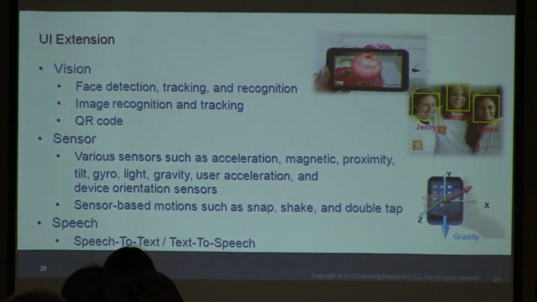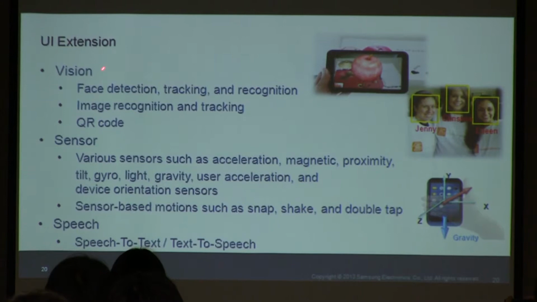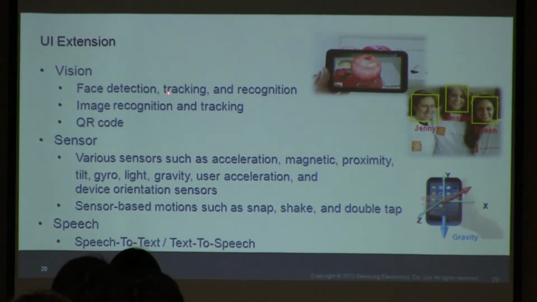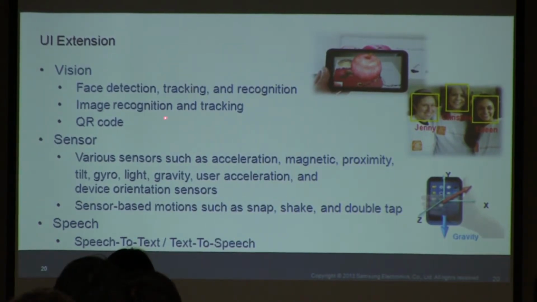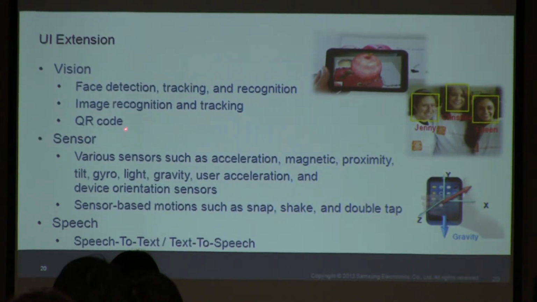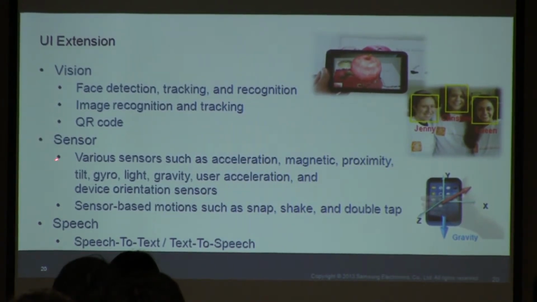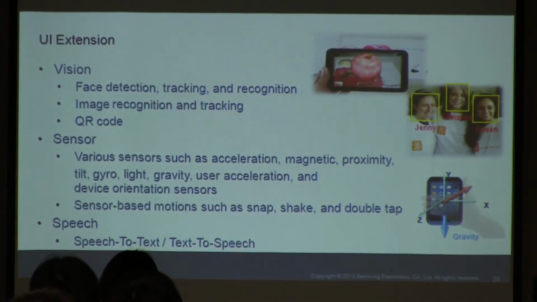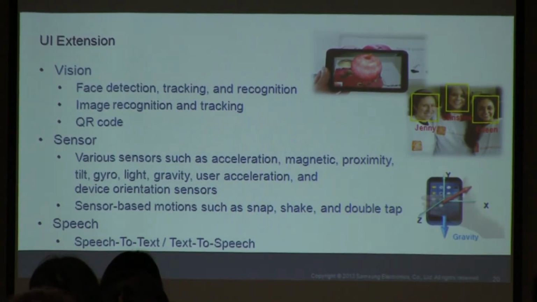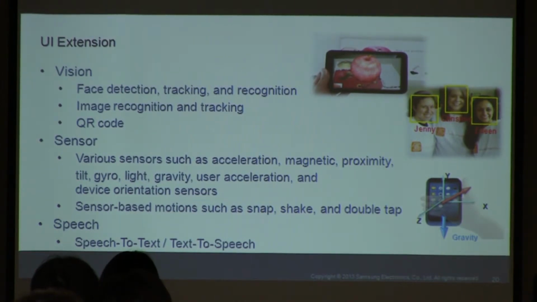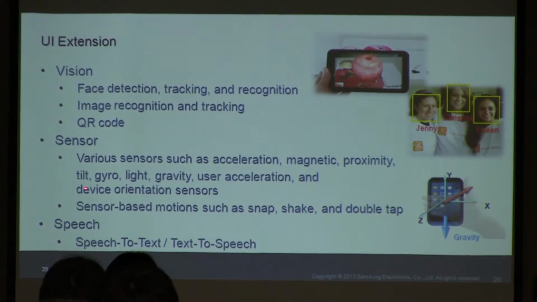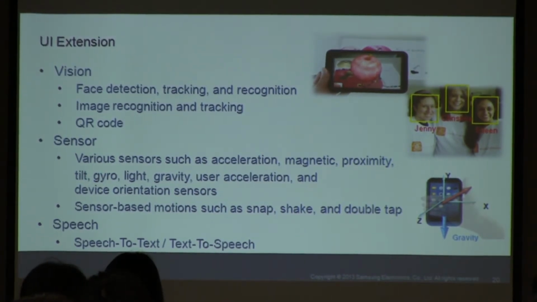And the native API also provides UI extensions like vision: face detection, face tracking, and face recognition, even image recognition and tracking, and also QR code generation. And for sensors, you can get all the sensor data in a very effective way, because the native API, at this moment, has better performance than the others.